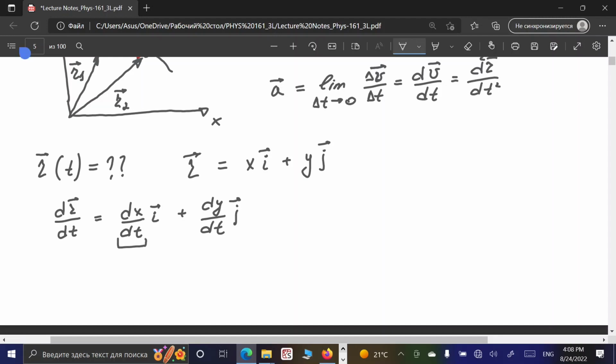So what are these? These are projections of the velocity vector on axes x and y. So we can represent them as vx times i unit vector plus vy times j unit vector.